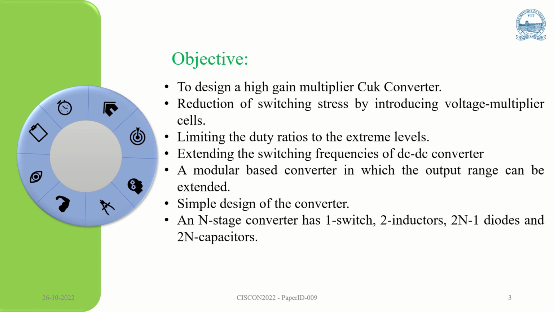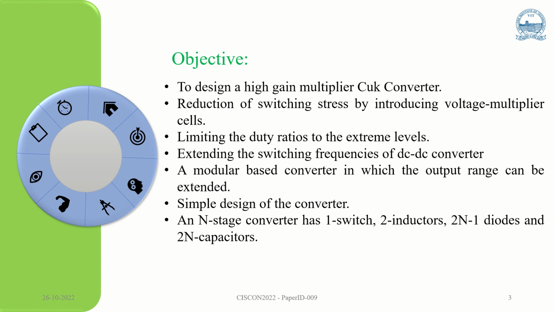The objective of this current work is to design a high gain multiplier converter with reduced switching stress by introducing voltage multiplier cells into the basic converter, and also to limit the duty ratio of these switches to the extreme levels without going for additional power rated switch.